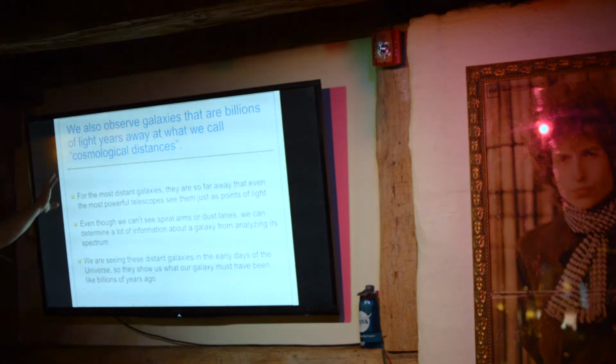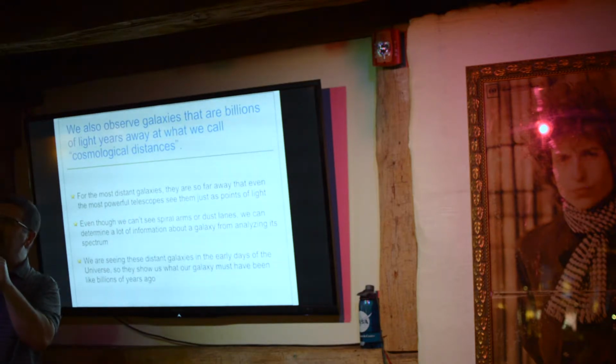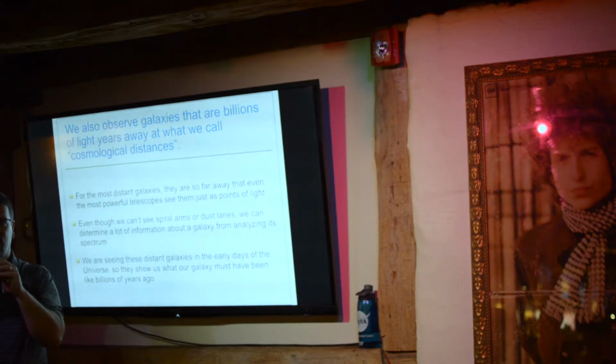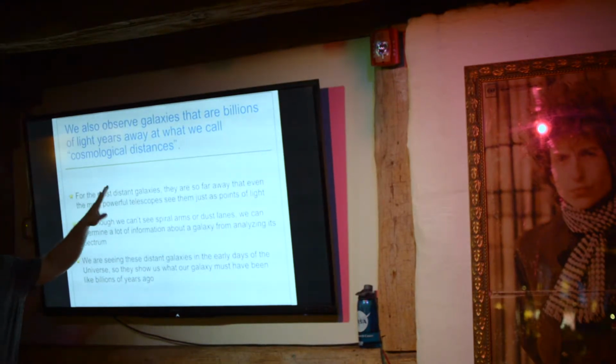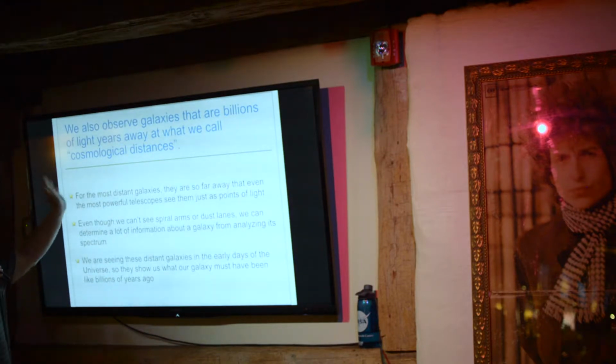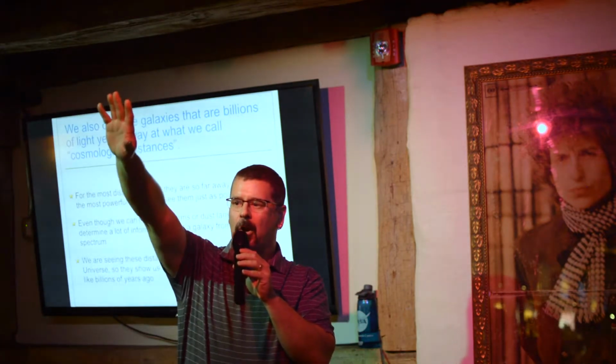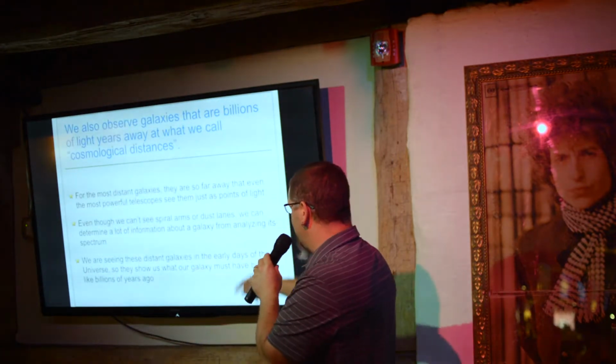But then you get to galaxies that are billions of light years away, right? So 1 billion light years. That means when you observe that galaxy, the light that you're detecting today took 1 billion years to get to you. So these things are really very far away. When you get beyond 1 billion light years to 5 billion and 10 billion light years away, these objects are so far away that they really just turn into dots.